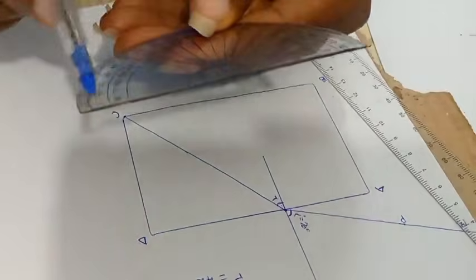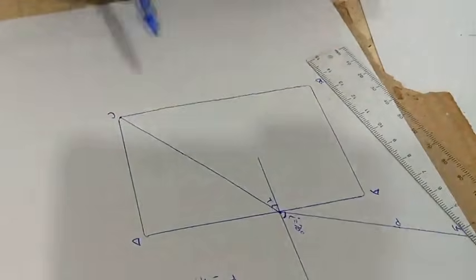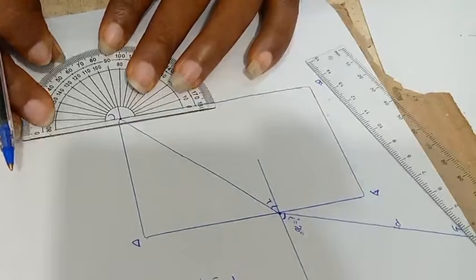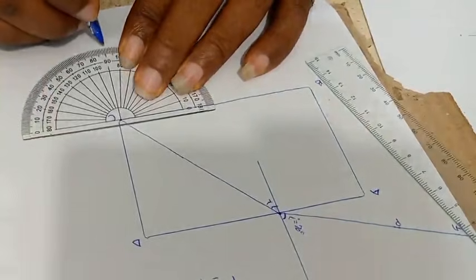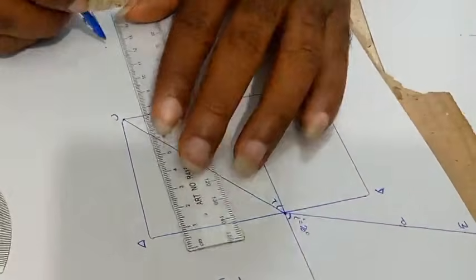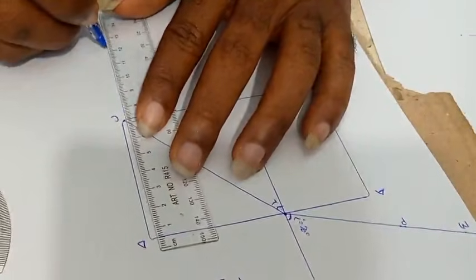Then the horizontal 0 to 180 line of the protractor will lie on face BC. So something like this. Then I will make a point here at 90. So I can be able to join that point to this point in order to get my normal.